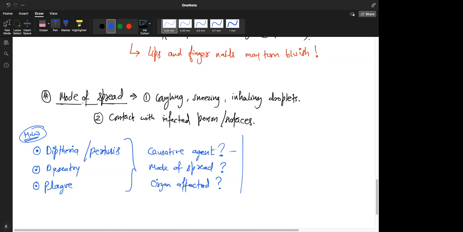See, plague is homework for you, but Black Plague is just the famous name. It was a big pandemic. Basically the name is bubonic plague. The full name is bubonic plague, and it occurred in the Eurasian region and the North African region very long back in history. It's called the Black Death.